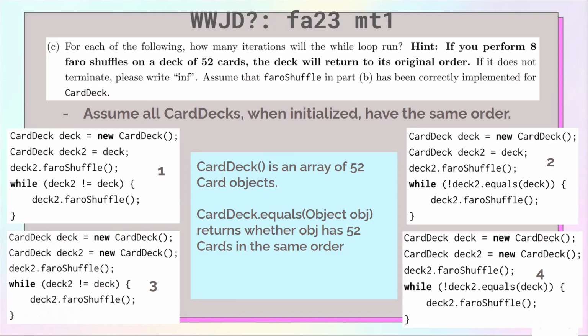But since we assigned them together, no matter what mutations we do, they are always going to point at the same object. So this condition, deck two not equal to deck, is never met, and we never go inside the loop. So yeah, exactly what you said. Are there any questions?